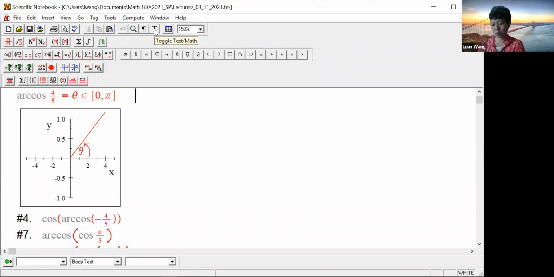And we want to know cosine. With that introduction, we have cosine of arc cosine 4/5, which is already determined to be cosine of theta, and of course cosine theta is 4/5.